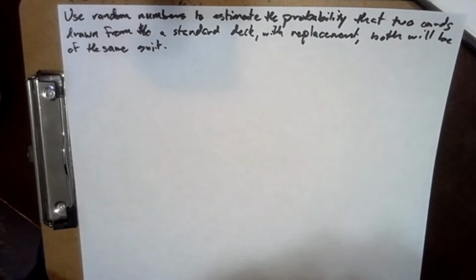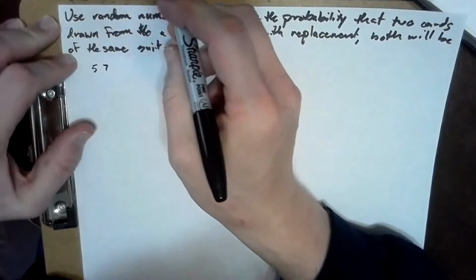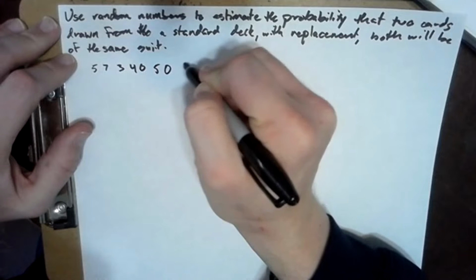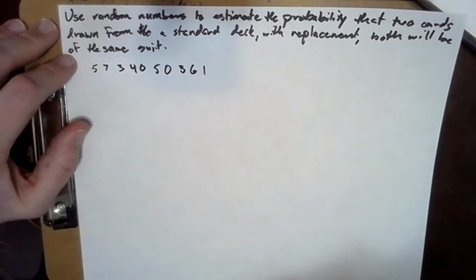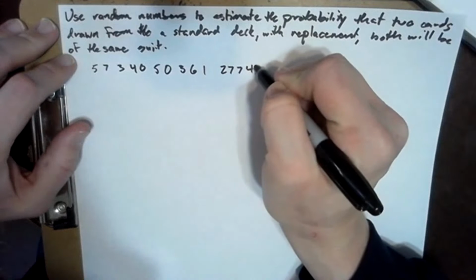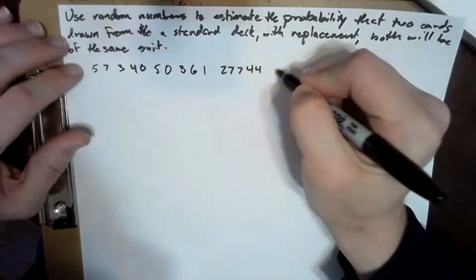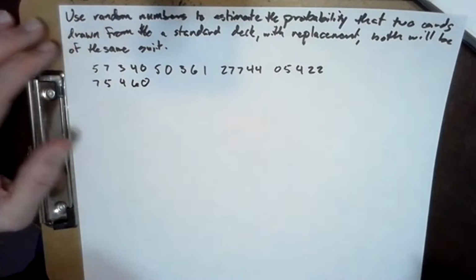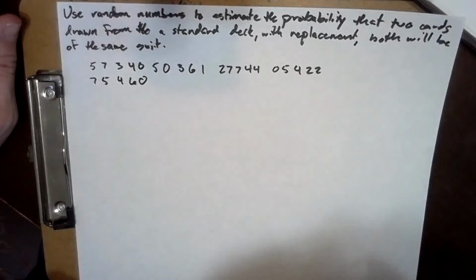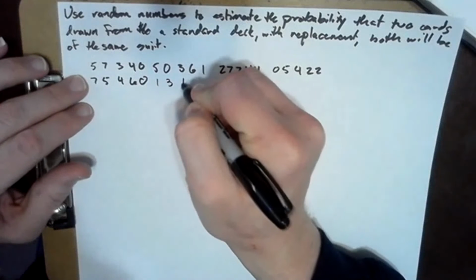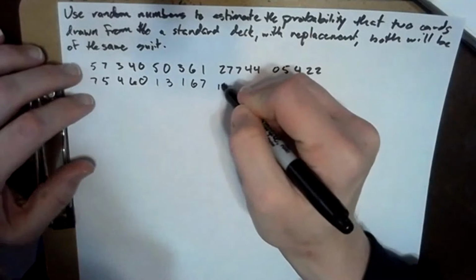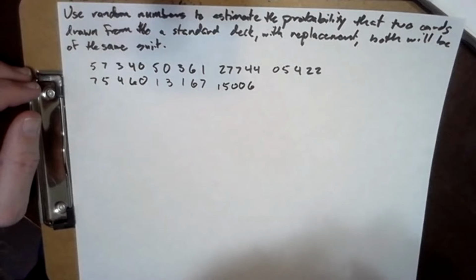So here are the values that were collected. 5, 7, 3, 4, 0, 5, 0, 3, 6, 1, 2, 7, 7, 4, 4, 0, 5, 4, 2, 2, 7, 5, 4, 6, 0, 1, 3, 1, 6, 7, 1, 5, 0, 0, 6, and 7, 1, 5, 1, 6.